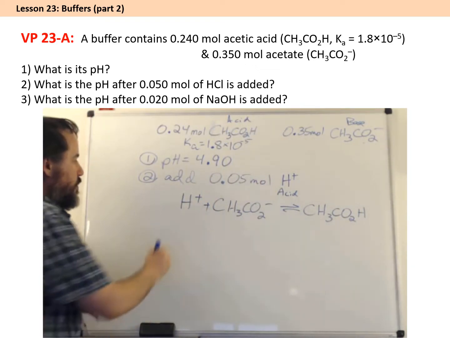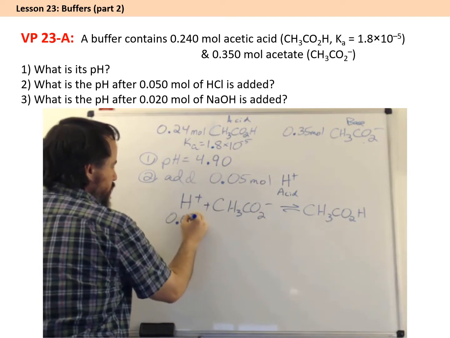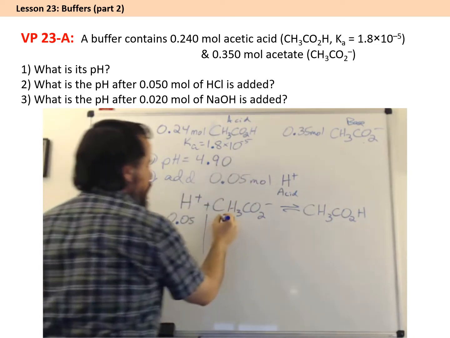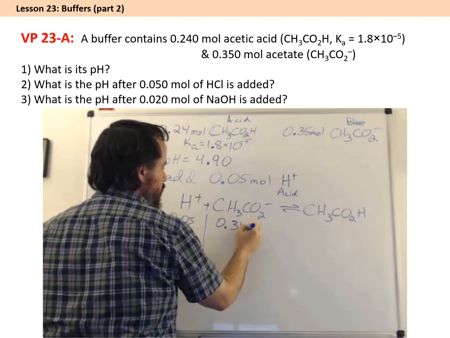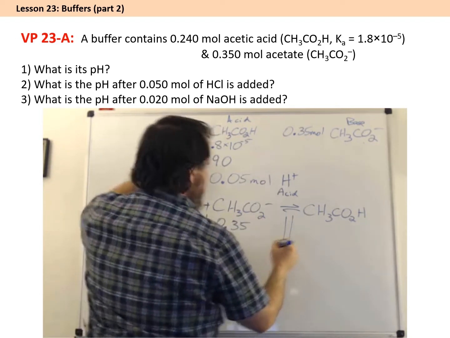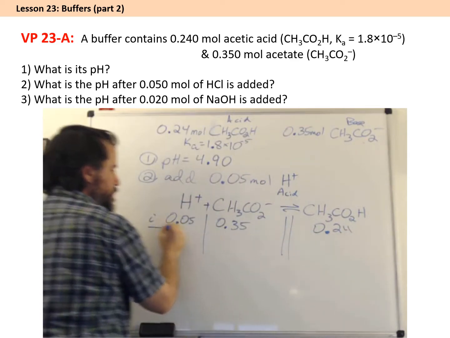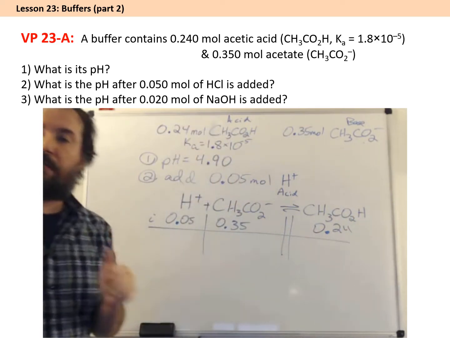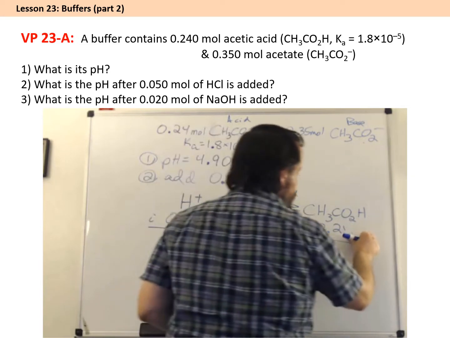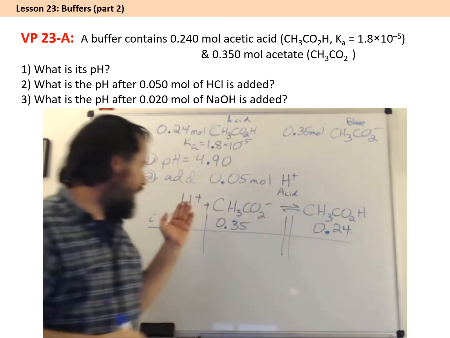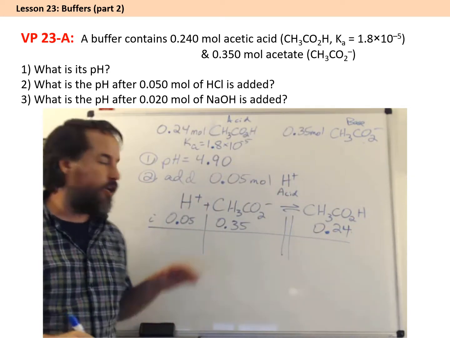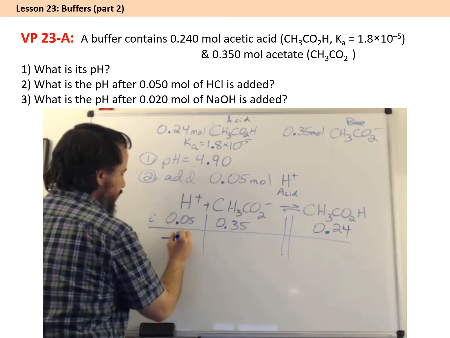I have 0.05 here, 0.035 here, and 0.24. That's what I have initially. What do buffers do? Buffers remove any H plus or OH minus added, so they're going to take all of this away.